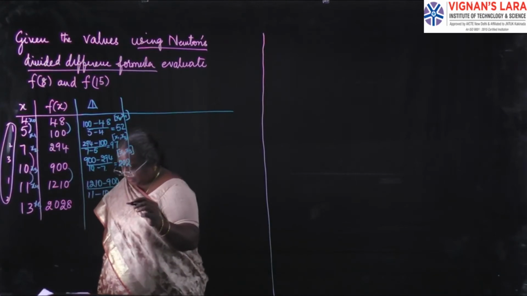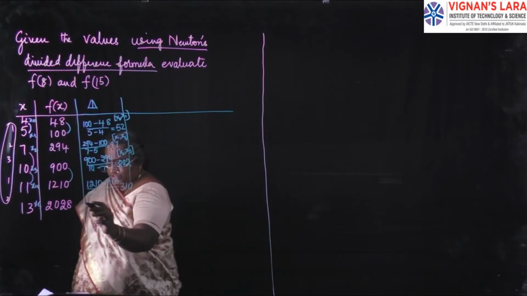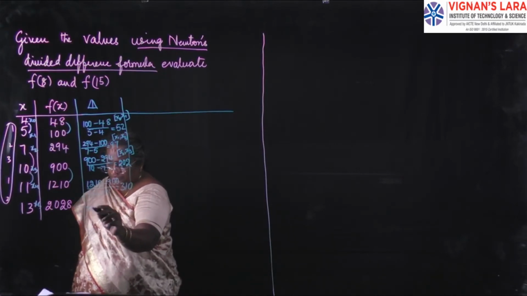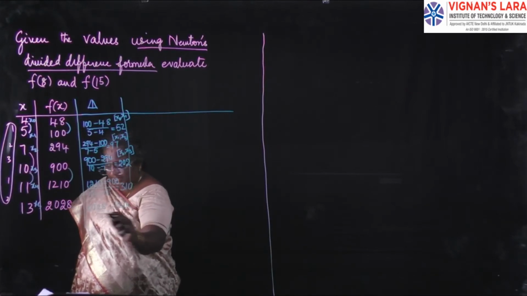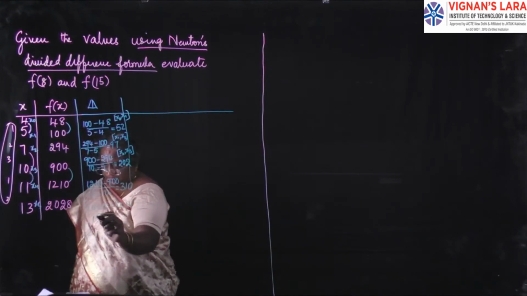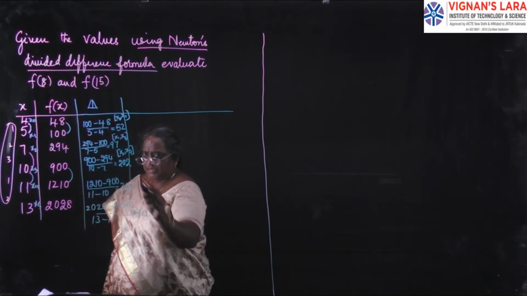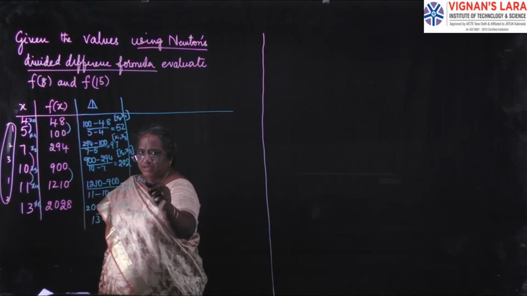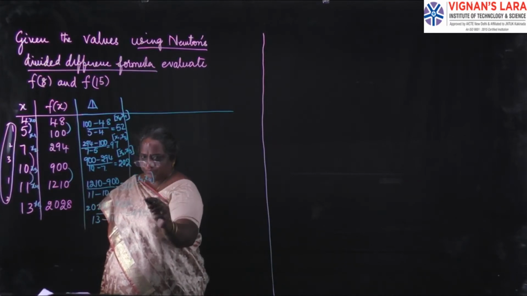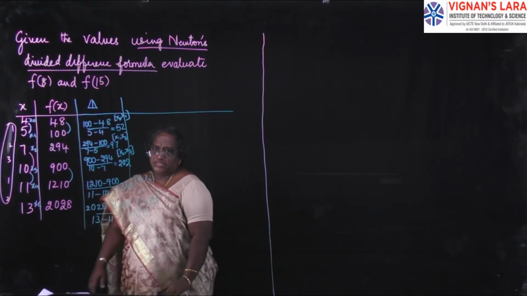So this is 310. Next, 2028 minus 1210 by 13 minus 11. So this is 490. So this is the first divided difference between x3, x4, and this is the first divided difference between x4, x5. That is the first divided difference.